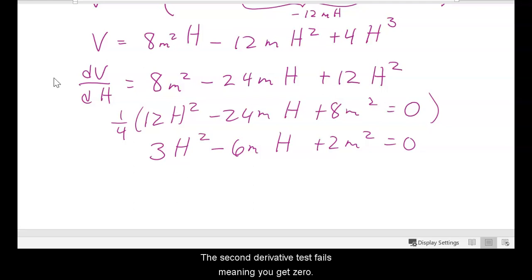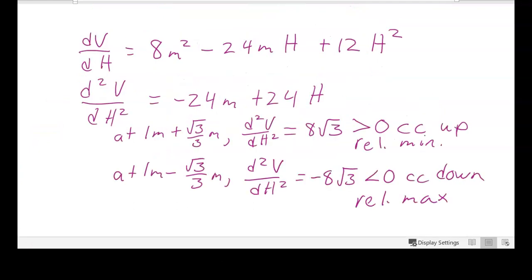If the second derivative test fails, meaning you get 0, then you will have to use the first derivative test using increasing and decreasing to predict where the maximum and minimum of the volume occur. In the first equation, you'll see again the first derivative of the volume with respect to h.